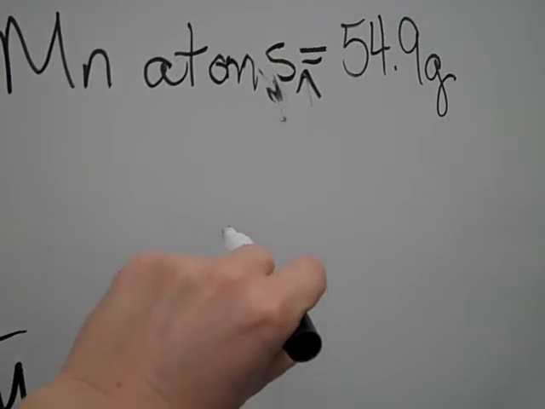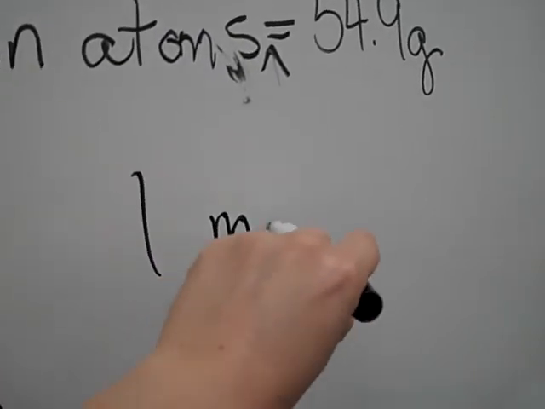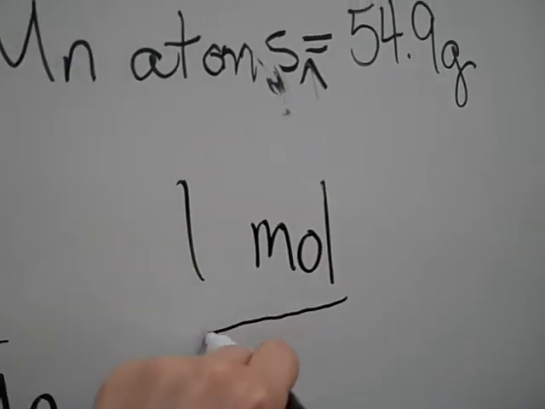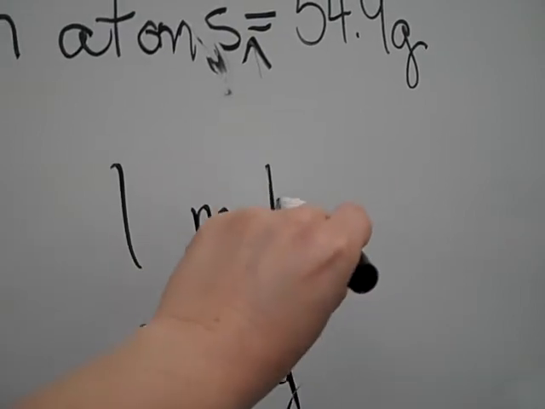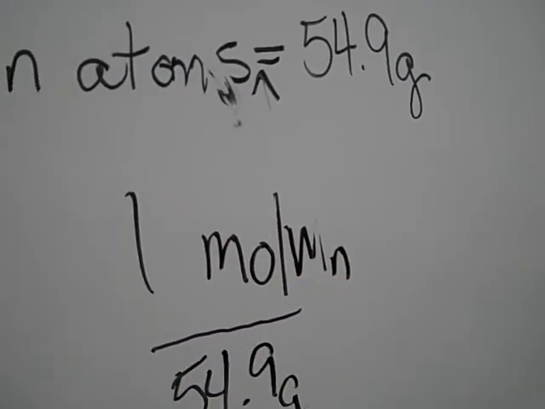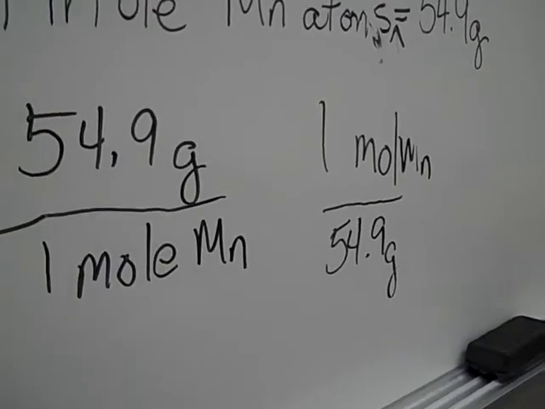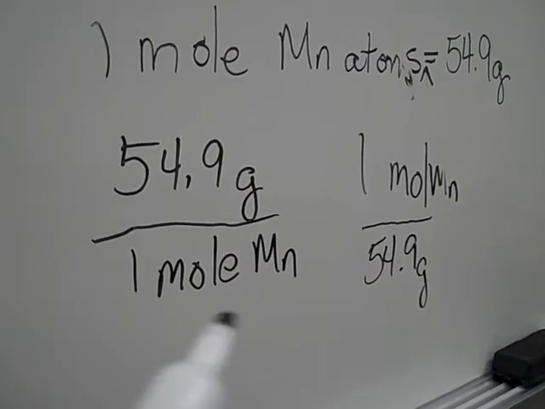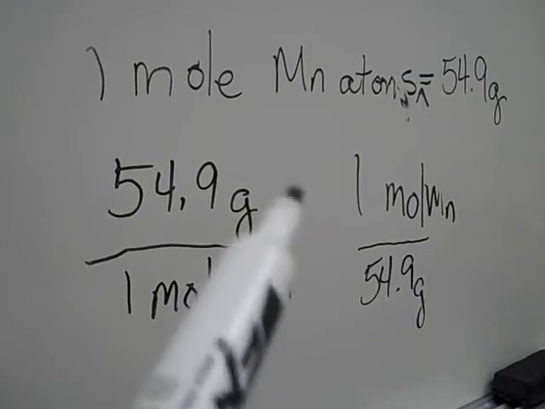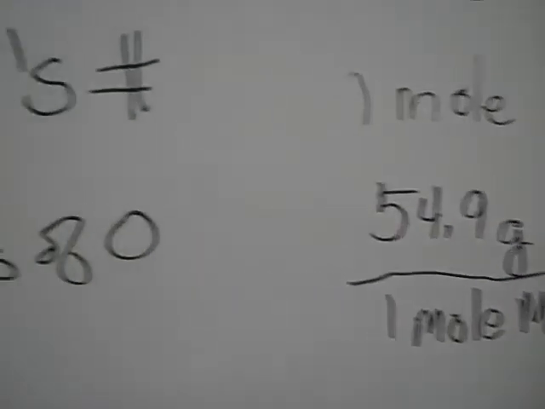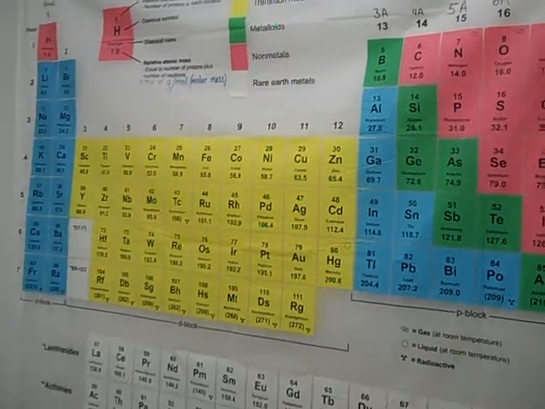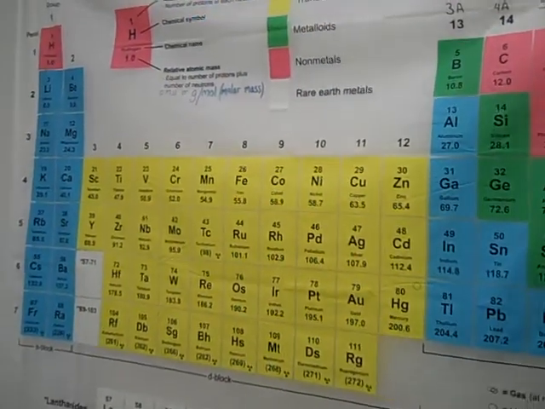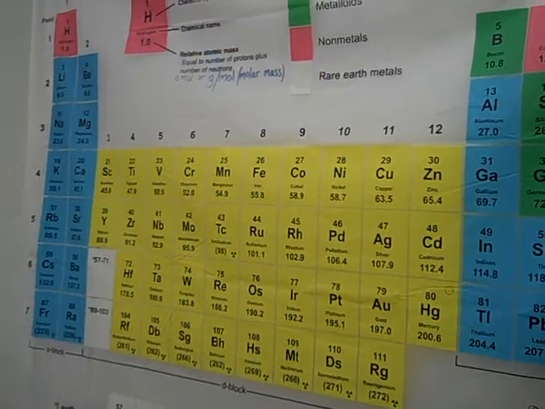I can also write this as 1 mole, and this time I'm going to abbreviate it, MOL, is equal to 54.9 grams when we're talking about manganese atoms. Okay? So anytime I need to get from a mass unit into moles, or moles into mass, I have an entire periodic table with over 100 different masses, one for every element that's working to make up everything I know and haven't even learned about in this universe.